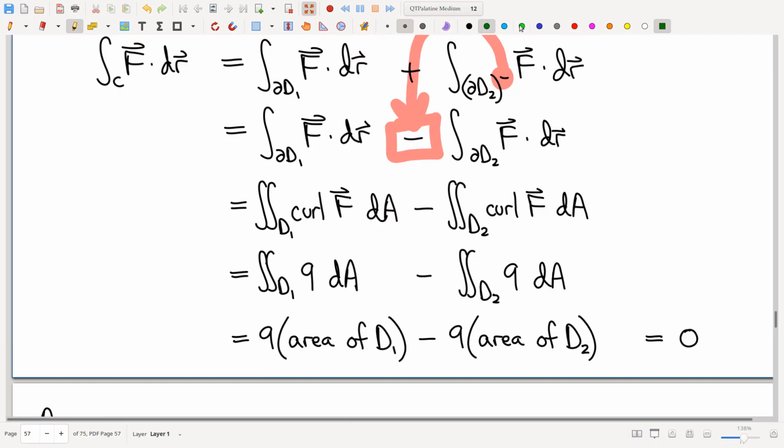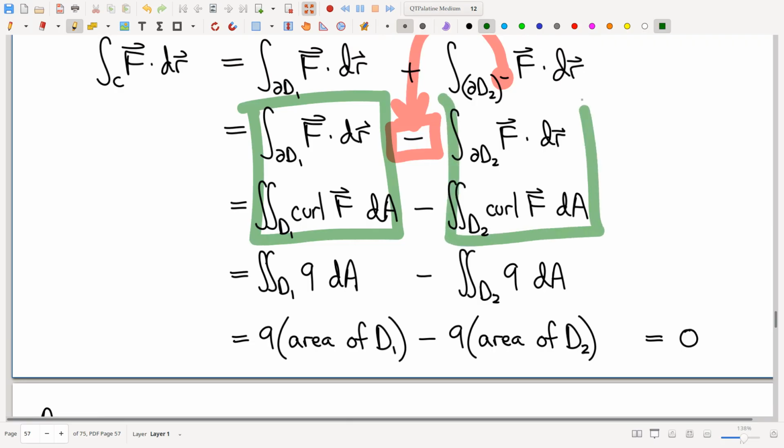Each one of these is a boundary line integral. This one I can compute with Green's theorem. This one I can compute with Green's theorem. I don't need to worry any longer about the fact that it was actually oriented the wrong way. I've got that minus sign already accounting for that orientation problem. And so what remains is literally just a boundary line integral.